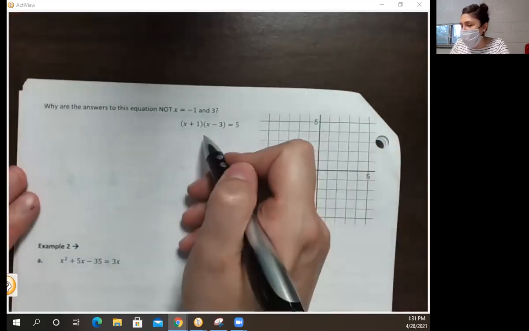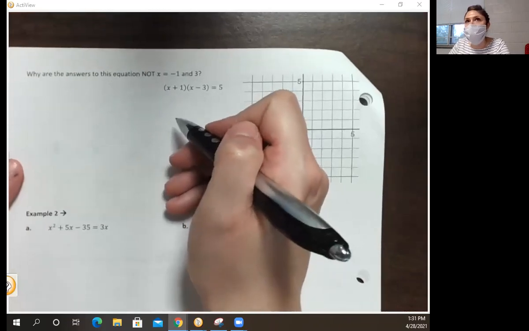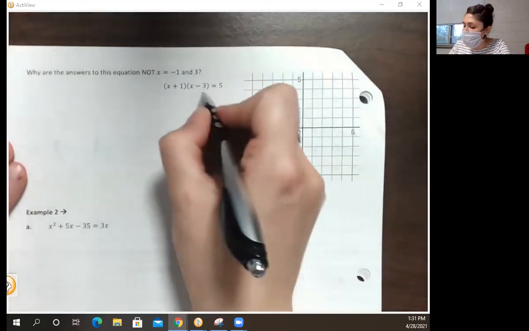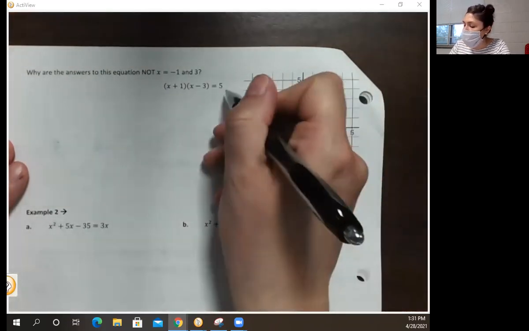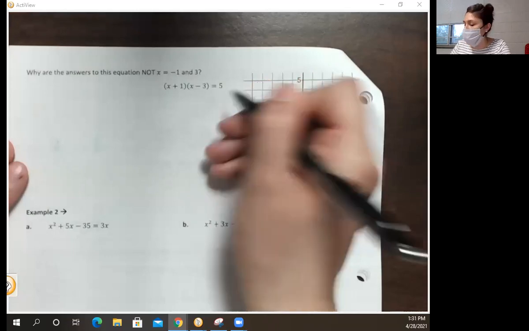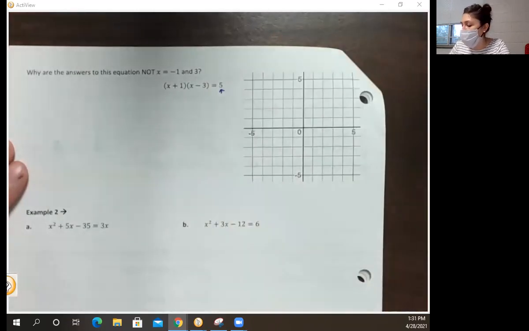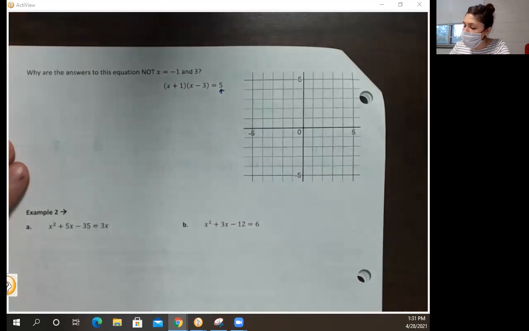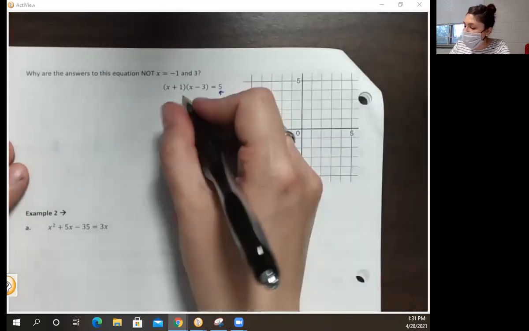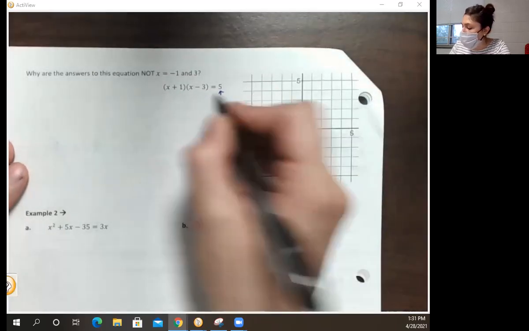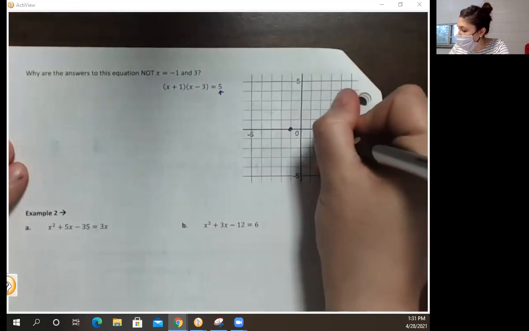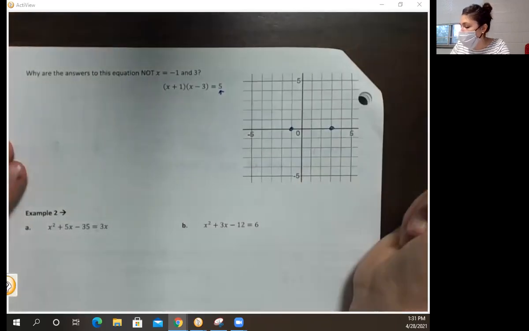And now I want to take a look at that example we started with, but with a modification. So this is that same factored form, but I want you to notice this time we're not equal to 0, we're equal to 5. So if I were going to graph this, again, I know that my x-intercepts are -1 and 3. So -1, 1, 2, 3, and 3.